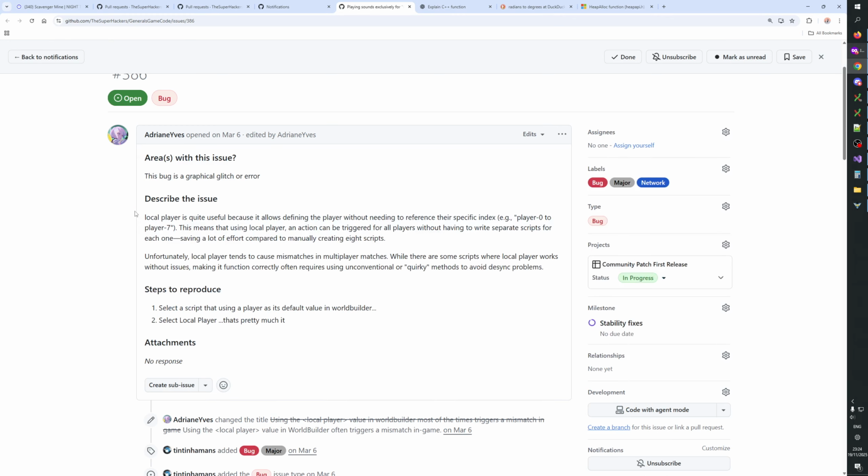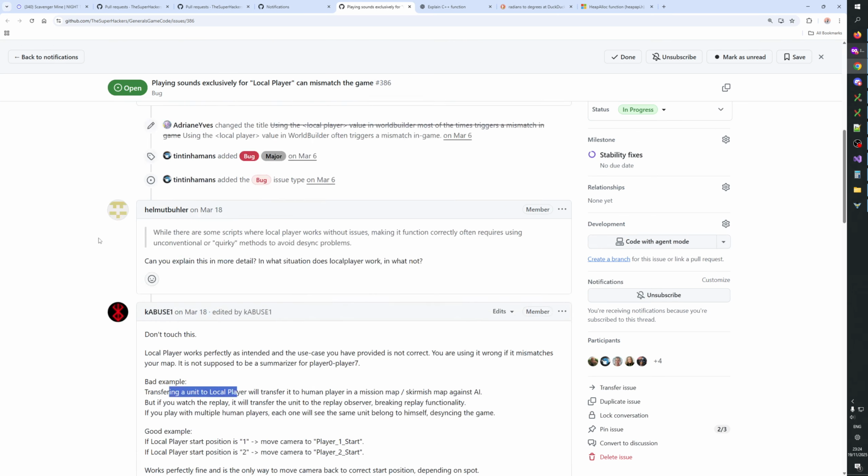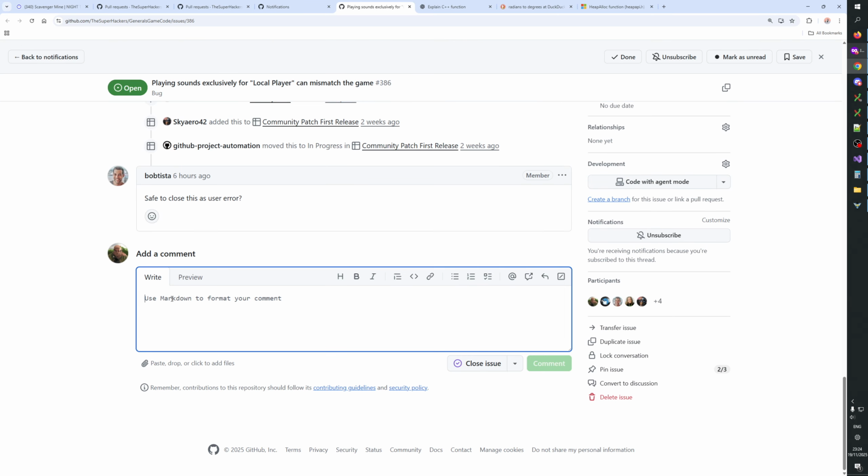But still, it shouldn't mismatch the game, right? Playing sounds exclusively. But why does playing sounds for a player cause mismatch?